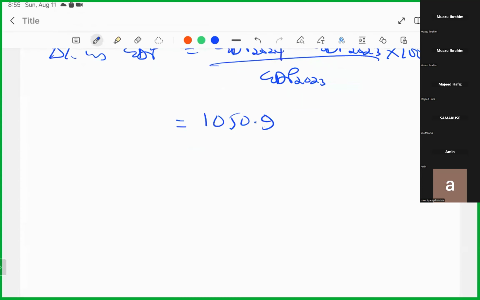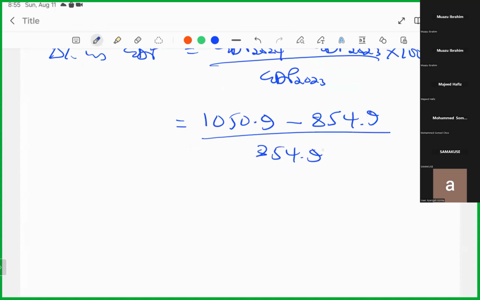1050.9 minus this one, the 854.9, divided by 854.9 times 100.